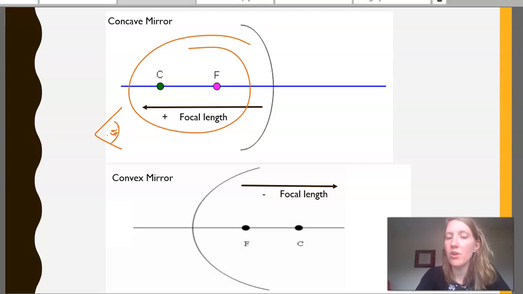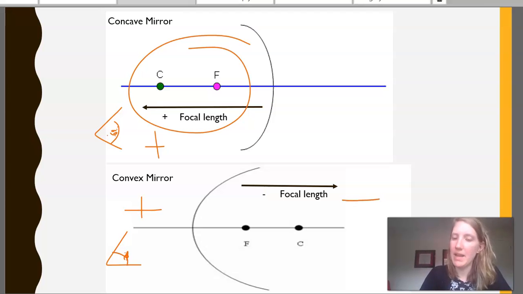On the side of the observer, this is positive. Versus anything that is on the other side of the mirror from the observer. So observer, eyeball, okay, other side of the mirror is going to be negative. So for a concave mirror, it's on the same side as the observer, so it's positive. For a convex mirror, it's on the opposite side, so it's a negative focal length.